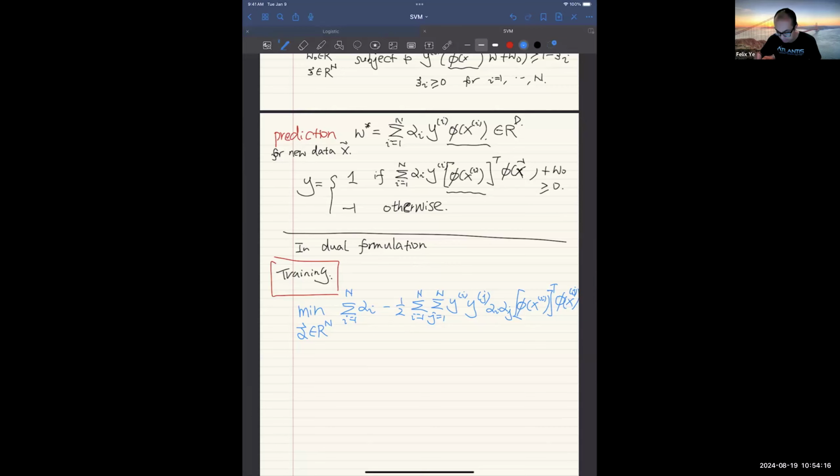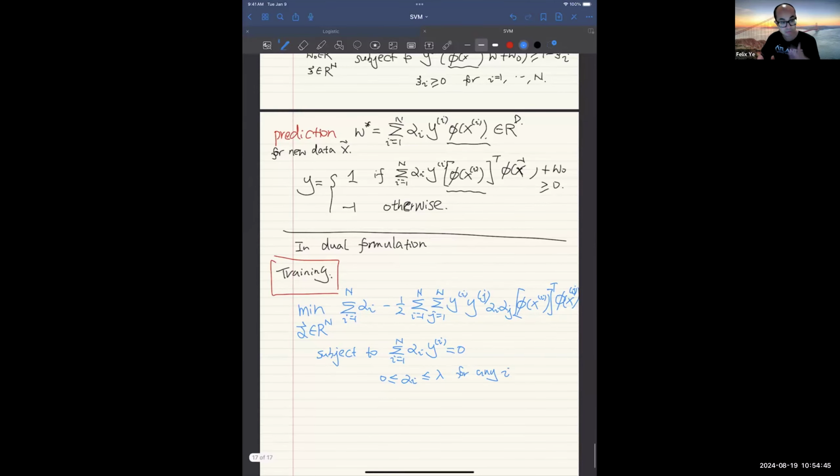Okay, so this is x_i and x_j right here, subject to summation i from 1 to n of alpha i y_i equal to 0, and alpha i is between 0 and lambda for any i. So this is the training.